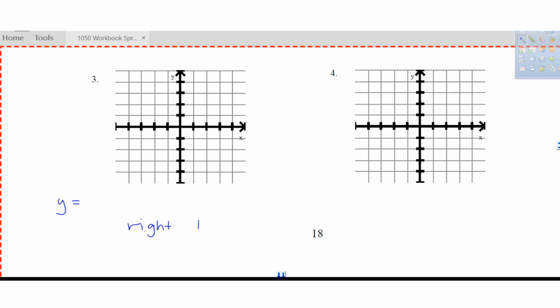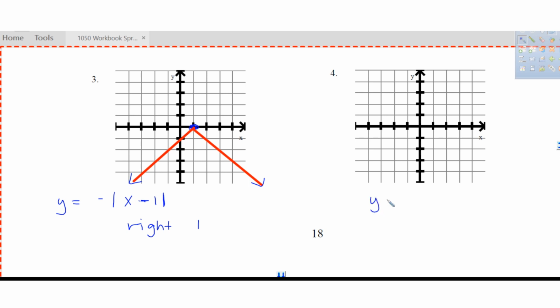I always do my stretches last because I think it's easier. So I'm going to go y equals the absolute value of x minus 1. That shifts it right one. So I'm going to come right here. There's my vertex right there. And then I'm going to go like this. And I'm going to go like this. And I'm going to draw arrows. And I'm good.